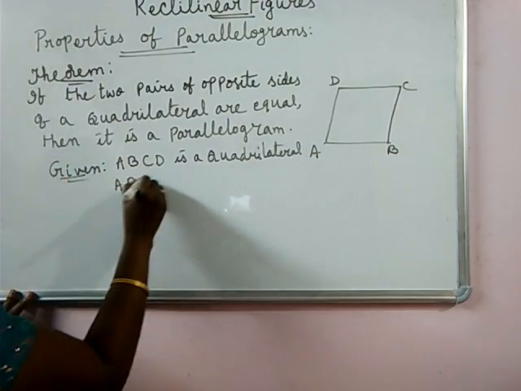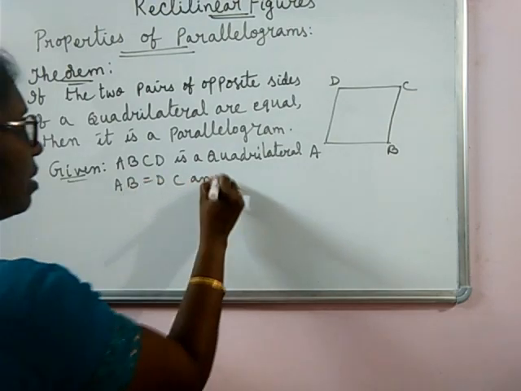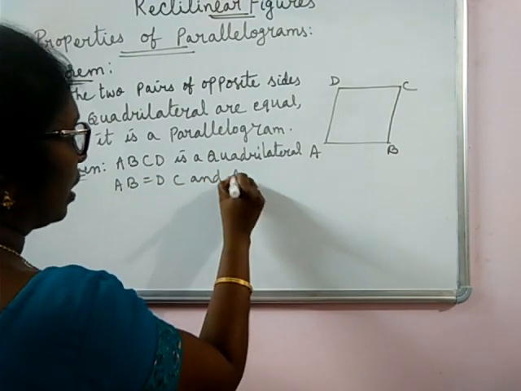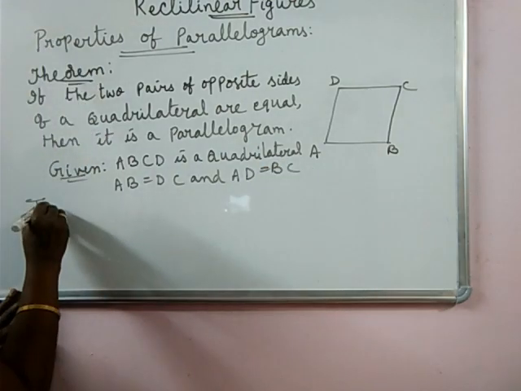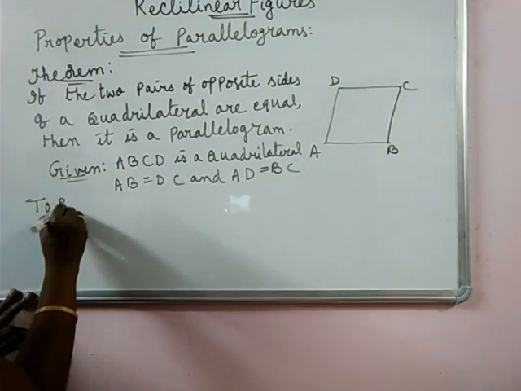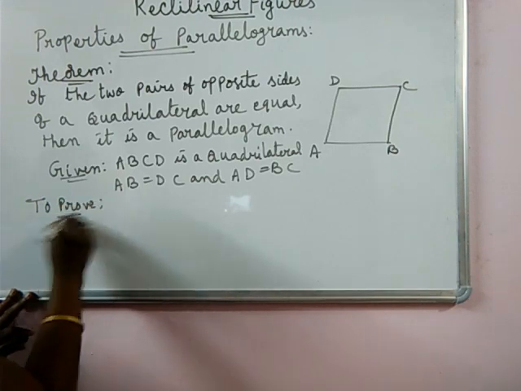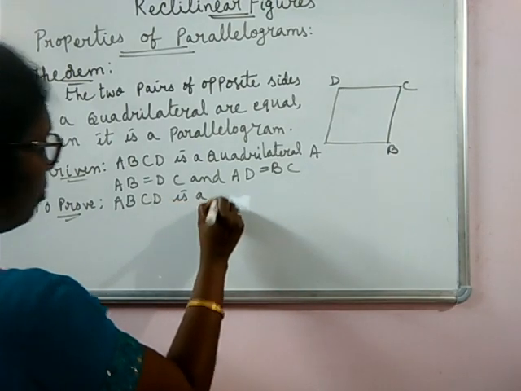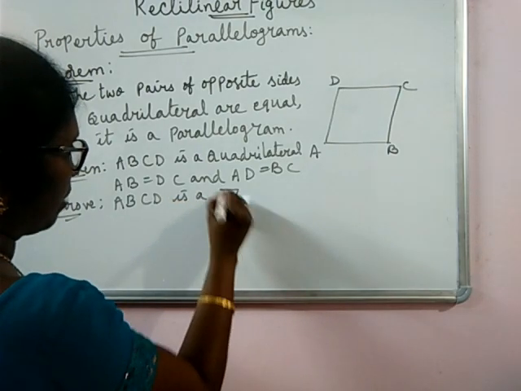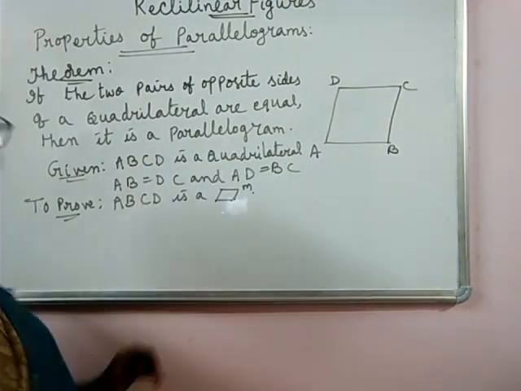AB is equal to DC and AD is equal to BC. And you have to prove that ABCD is a parallelogram. Parallelogram symbolically we can write like this.